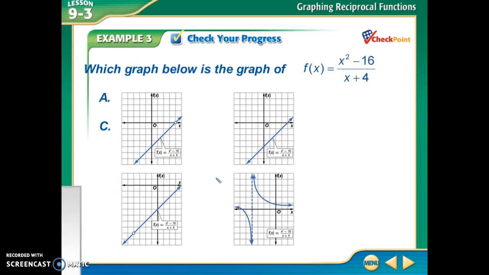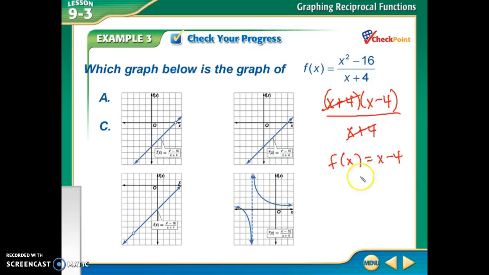So for this example, I've got x squared minus 16 on top. That's a difference of squares. So I can say x plus 4, x minus 4, and then x plus 4 on the bottom. Well, those x plus 4's cancel. So my graph ends up being f of x equals x minus 4, which is linear. I go to -4 on my graph and go up 1, right 1, up 1, right 1.